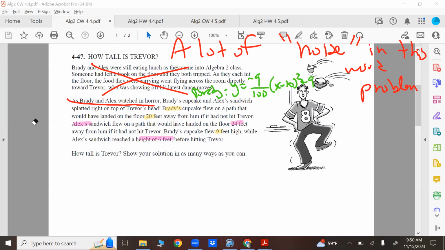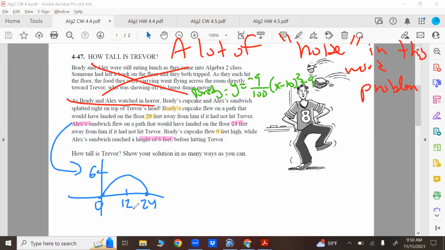Okay, for Alex, it's going to look like this, right? So what's the x-intercept here, guys? 0 and what? For Alex? 24. How high does it go? 6. And of course, that would be a 12, right?